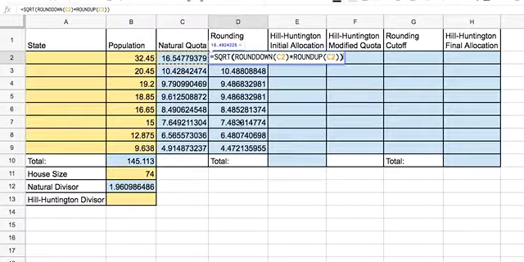Multiplication. I've got an asterisk in there. Multiply.